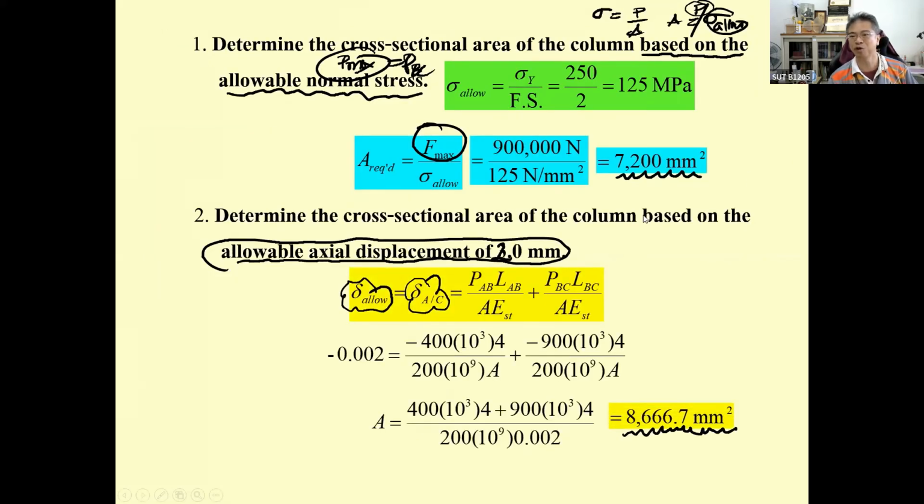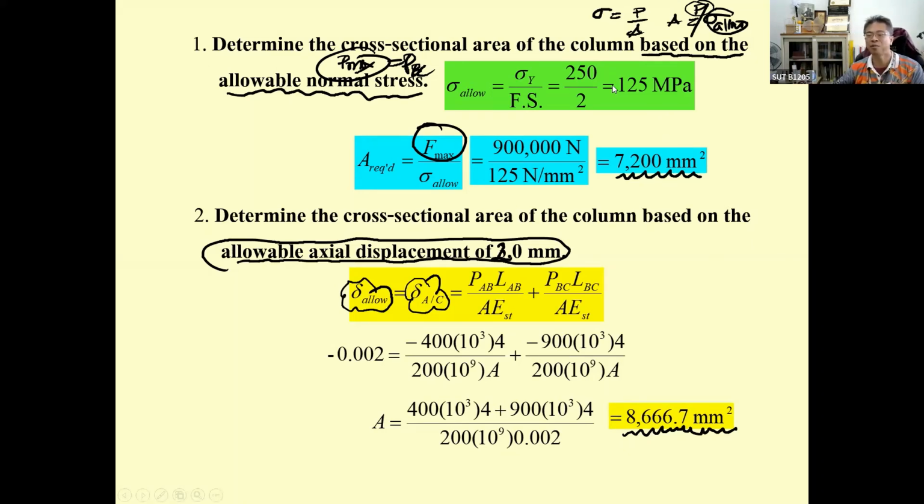So which one are you going to use, guys? Based on the strength, you got 7,200 square millimeter. Based upon the stiffness, you got 8,666.7. Can you tell me which one you are going to use?